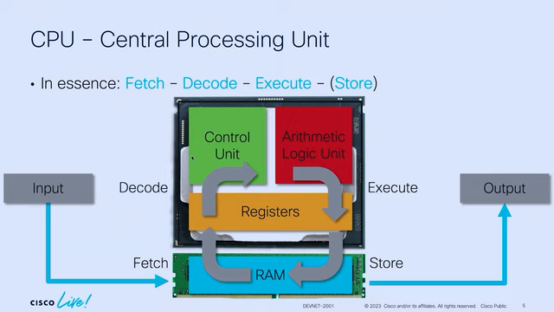We have a certain input, it gets stored in memory, and then when the processor has to work on that operation, it takes it into a register, decodes that instruction into some sub-steps which that CPU understands, it executes those steps, and the result gets saved back in memory. Then there is another instruction, or it goes to output. Of course, this is oversimplified, but in essence, that's what's happening in your CPU.